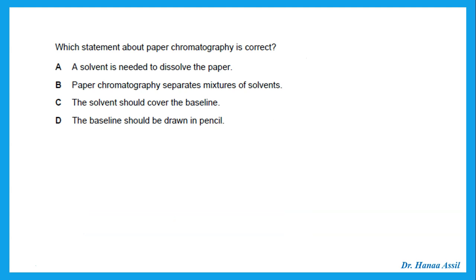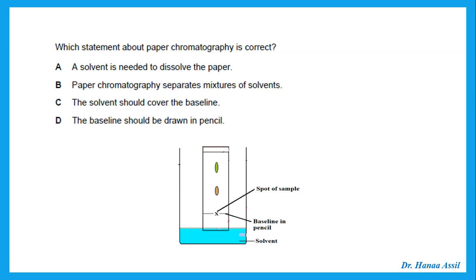Which statement about paper chromatography is correct? He's saying a solvent is needed to dissolve the paper. Do we use the solvent to dissolve the paper? That's wrong. We use the solvent to dissolve the components of the sample. Paper chromatography separates mixtures of solvents. Is that what we do in paper chromatography?